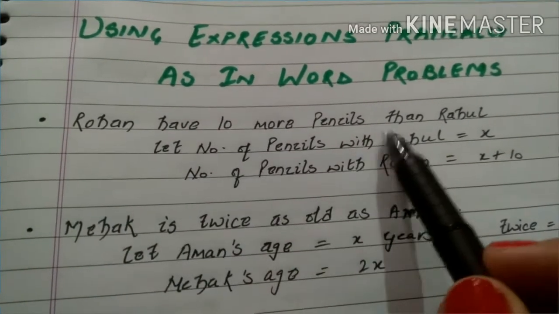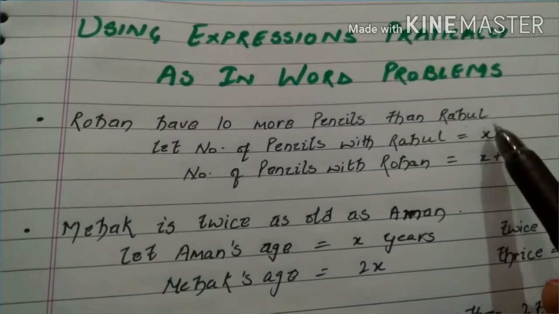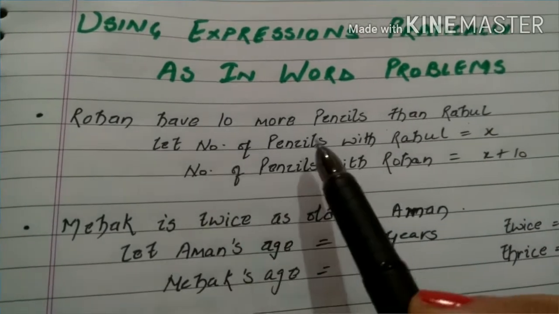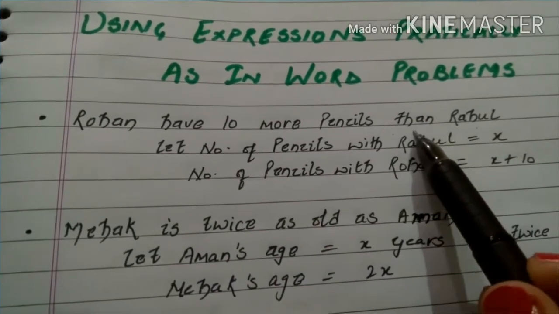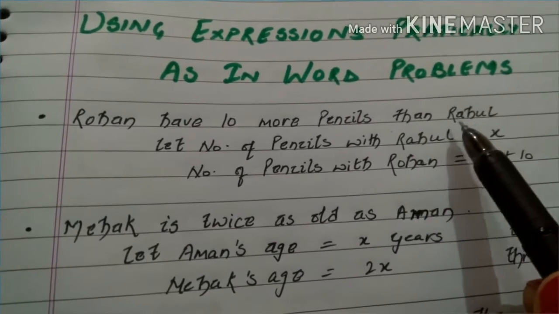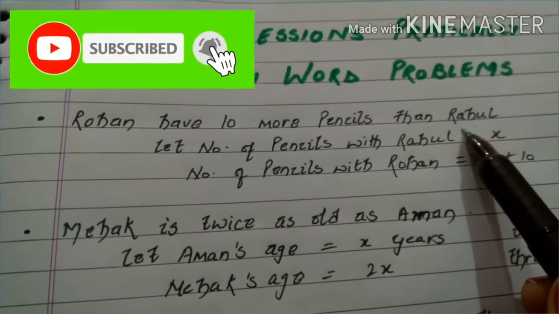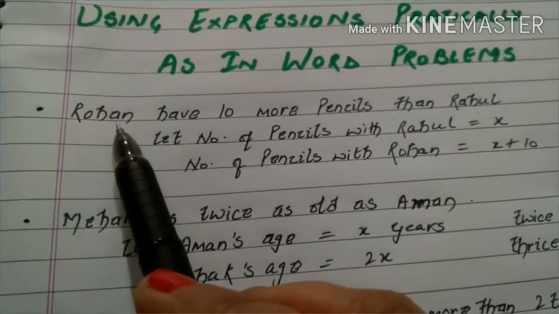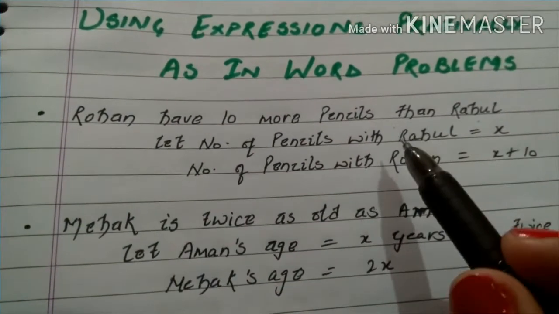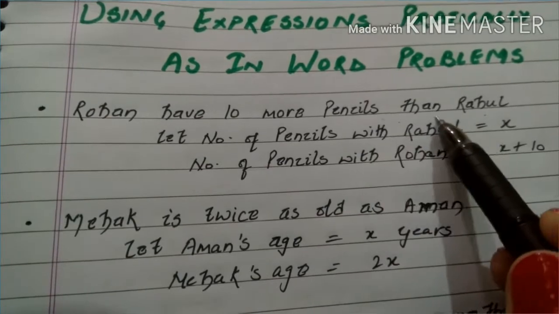Rohan has 10 more pencils than Rahul. So we have Rohan and Rahul, and here the comparison is given. It is always a confusion which thing we should take as X: Rahul's pencils or Rohan's pencils. You only have to focus on who the comparison is given from.